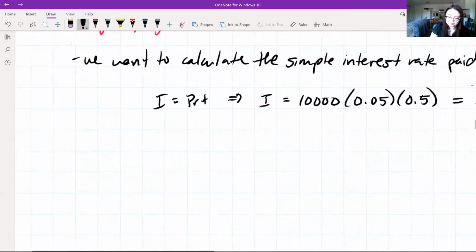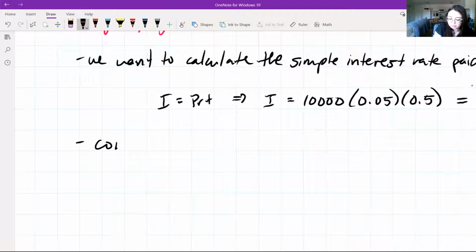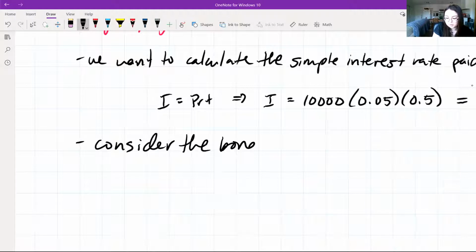So, like we said before, we're going to consider the bond a two-part investment.